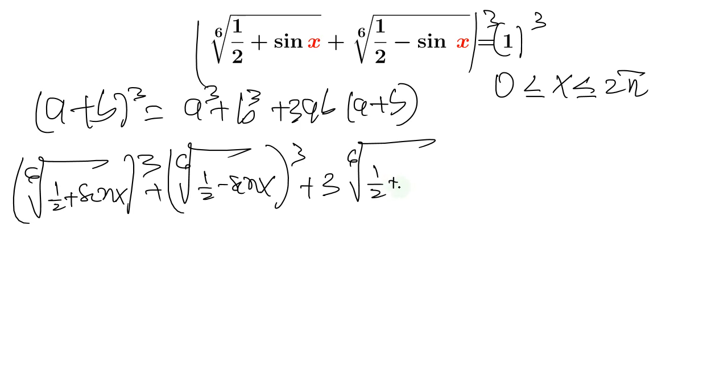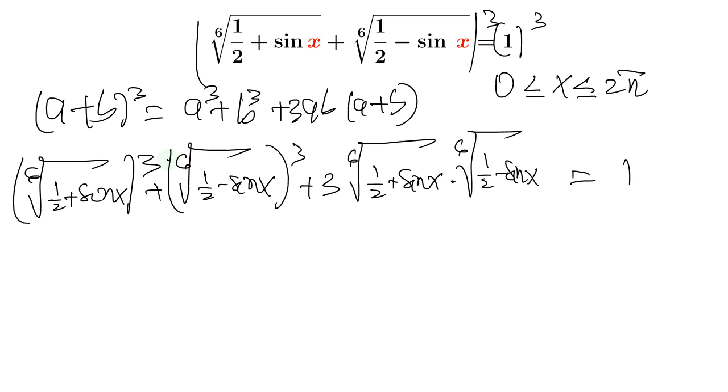The 6th root of 1/2 plus sine x times the 6th root of 1/2 minus sine x, and you see we will have ab. If this is a and this is b, then a plus b is 1, so we don't have to write the 1 because it is times 1, and this equals 1.